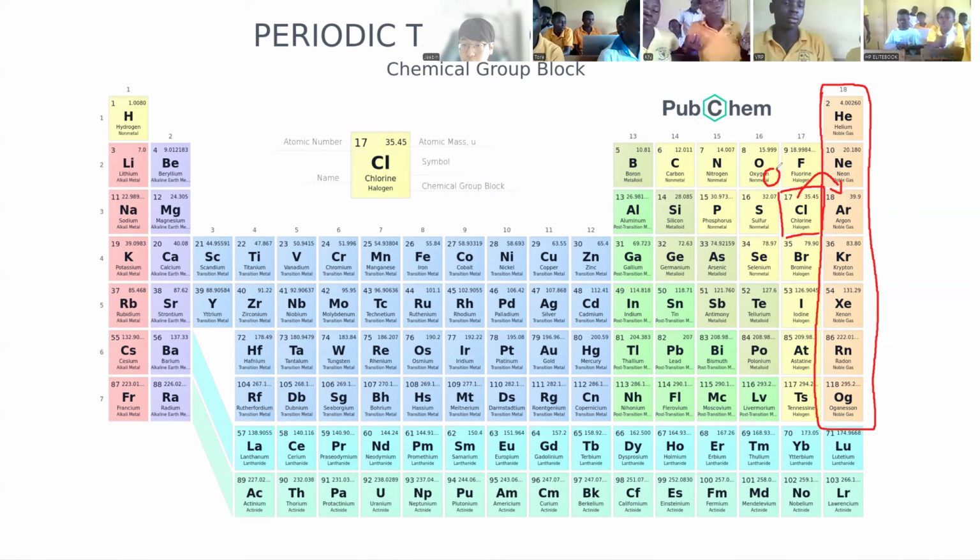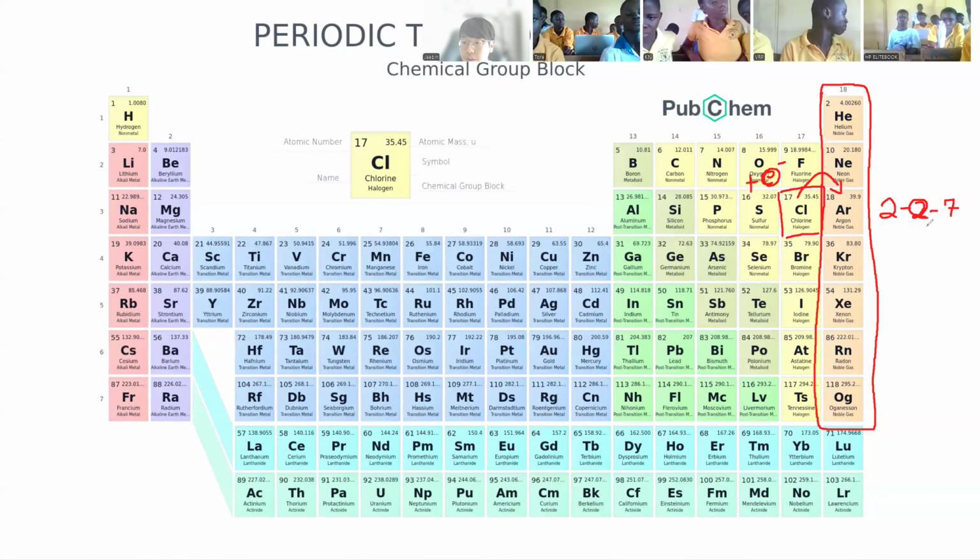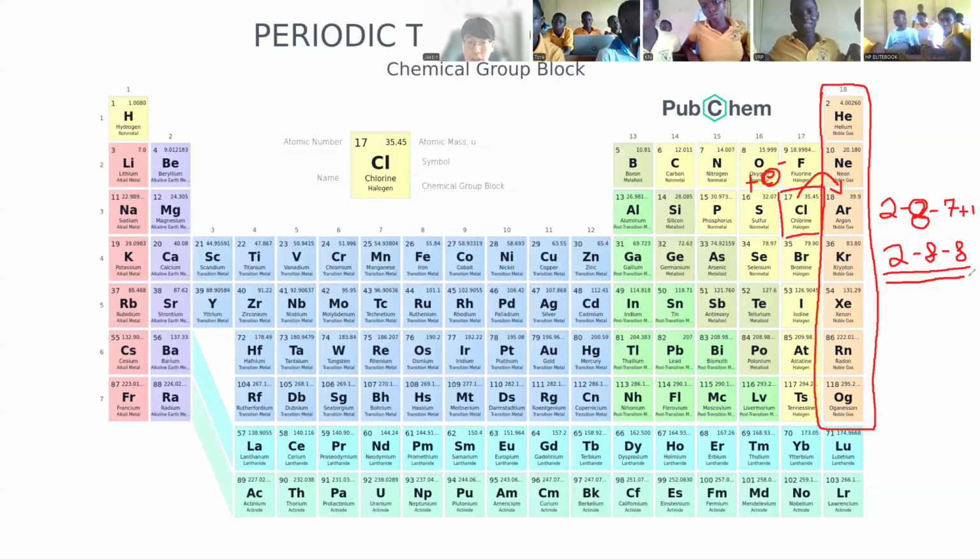If we gain an electron, which has a negative charge, then chlorine goes from 2-8-7, sorry, to 2-8-8, because 7 plus 1. We gain an electron, so it has this stable form. And you can easily see from the periodic table it's 1 away. If it gains an electron, then it becomes like argon.